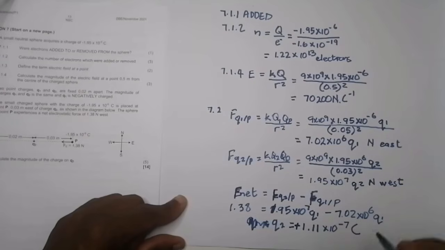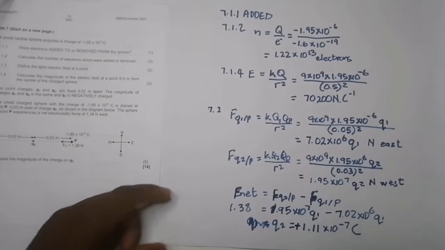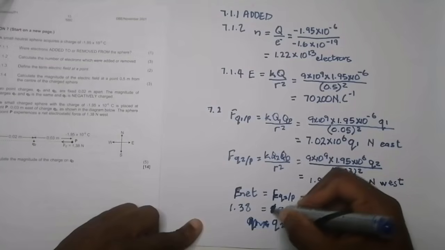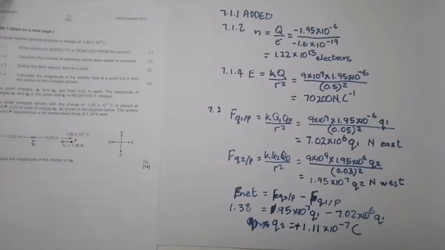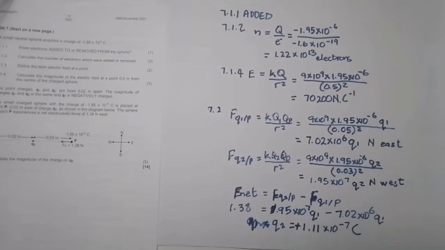Sorry about that little mess there. I hope you can appreciate that we've got 1.95 there, subtracted with 7.02. Just note the exponents there. I even wrote power positive 6 there, but I calculated it correctly. So I got the final answer to be 1.11 times 10 to the power minus 7. Please let me know if that is what you get as well.